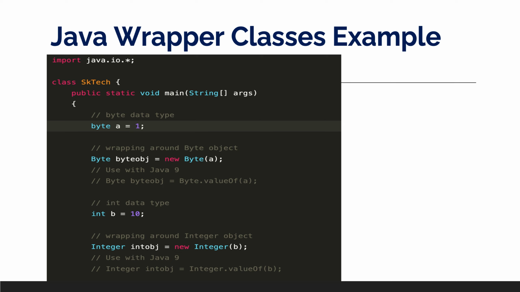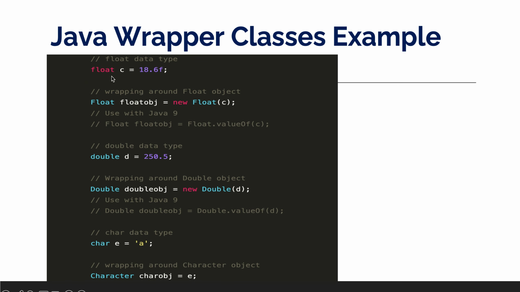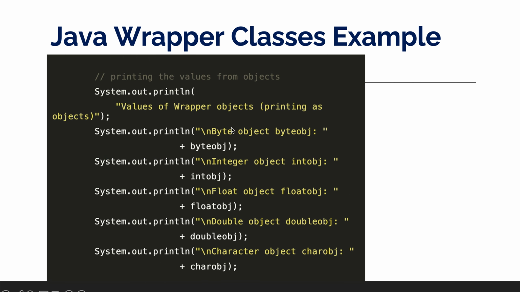Okay, moving ahead, let's say we have an integer type primitive data, and if you want to convert it into the wrapper object, corresponding to the integer data type we have the Integer wrapper class, and we will do something like this. Similar to this, the same conversion for float data type, double data type, and again character data type. Let's say we have written some statements to print that.